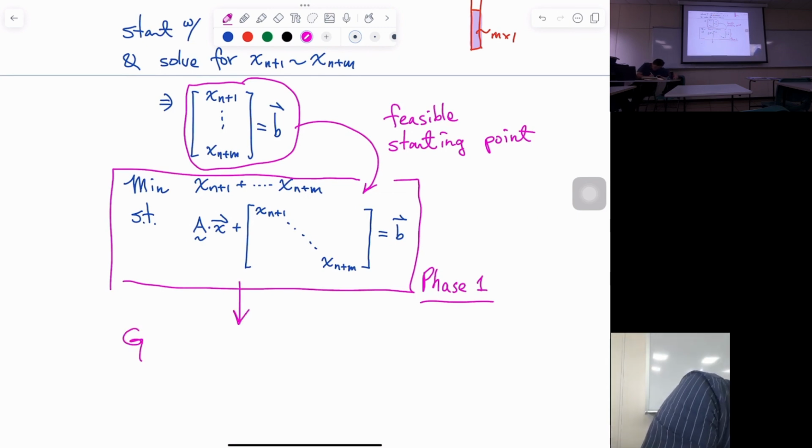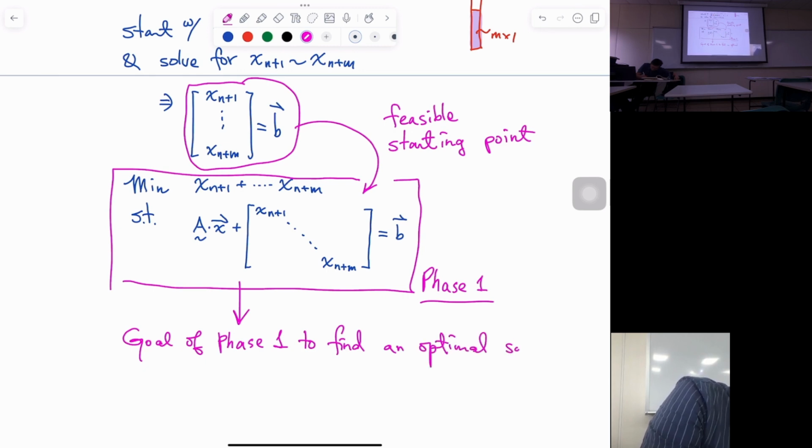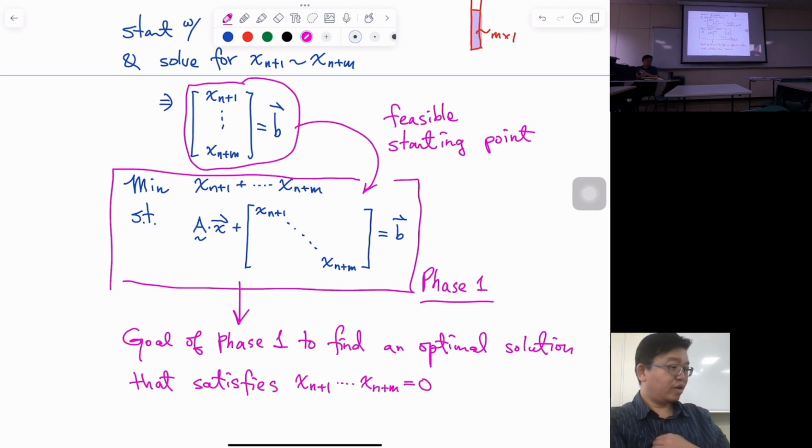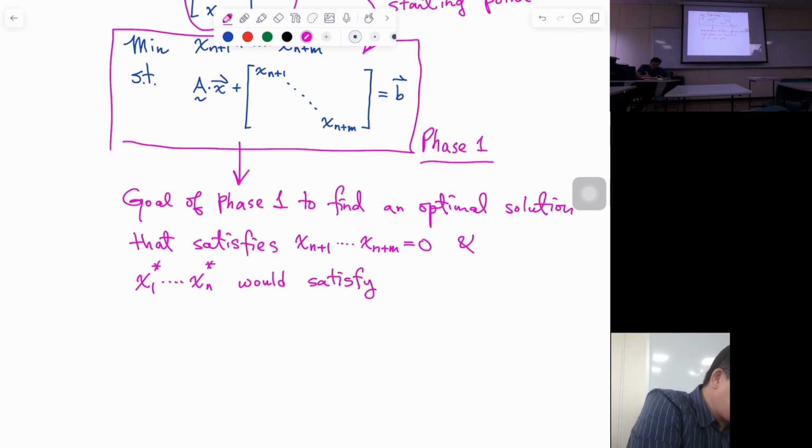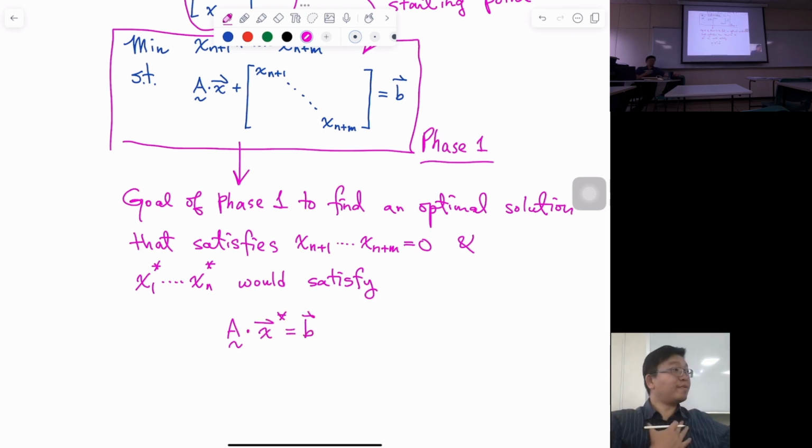So the goal of phase 1 is to find an optimal solution that satisfies xn plus 1 to xn plus m equals to 0, and that x1 to xn would satisfy the following equation, basically a, right?